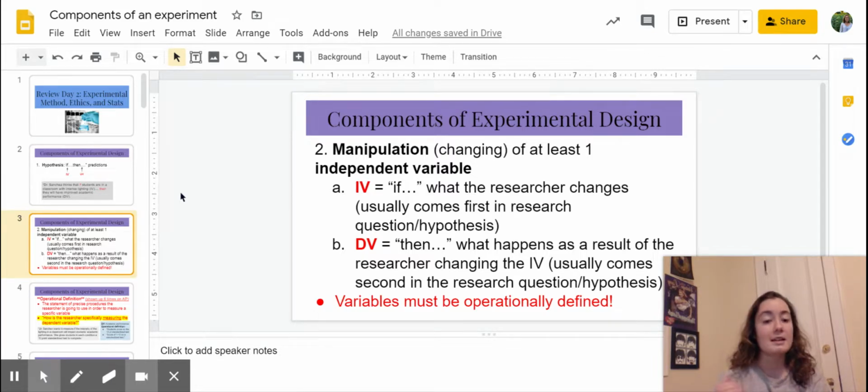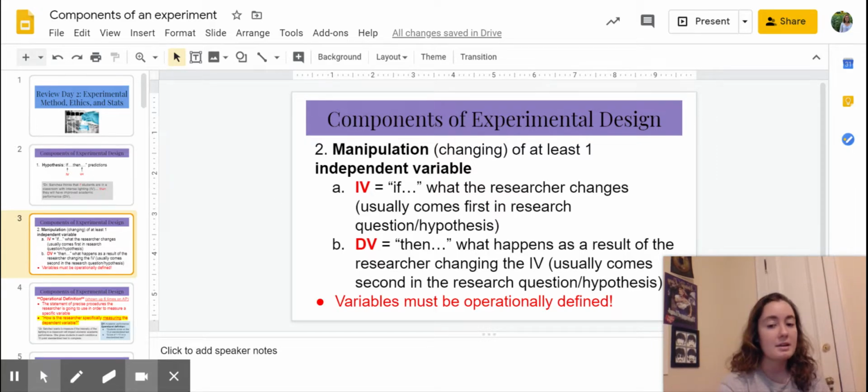Other studies cannot do that. Experiment is the only one that can manipulate an independent variable and then measure if the dependent variable is changing as a result. And again, that's because there are controlled conditions. You can hopefully make sure that there are no confounding or third variables that are causing the dependent variable to change. You can be certain that it's the independent variable causing the change in the dependent variable.